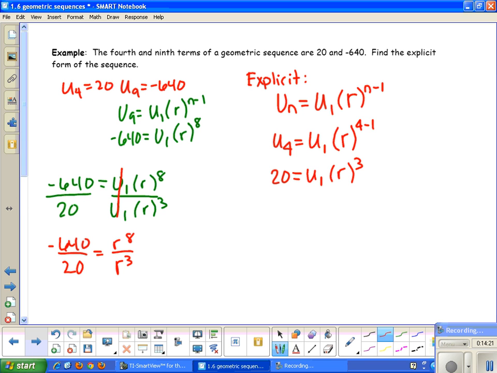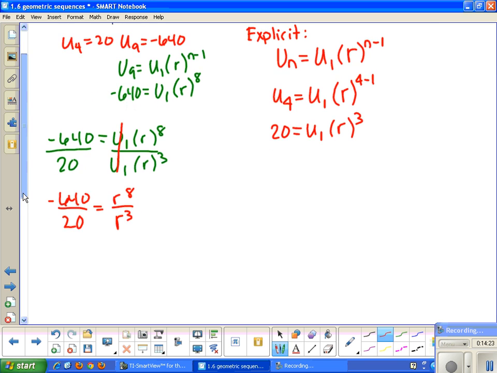We can simplify this using our properties of exponents and just dividing. Negative 640 divided by 20 is negative 32, equals r to the 8th over r to the 3rd. Subtract the exponents and you get r to the 5th. Then take the 5th root. So r is equal to the 5th root of negative 32, and that means r is equal to negative 2.